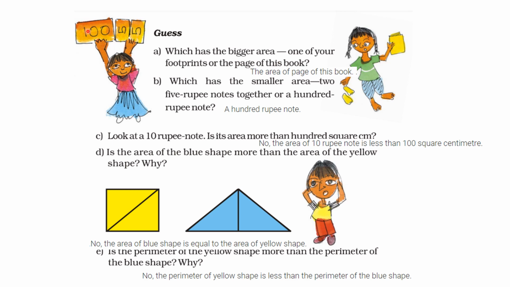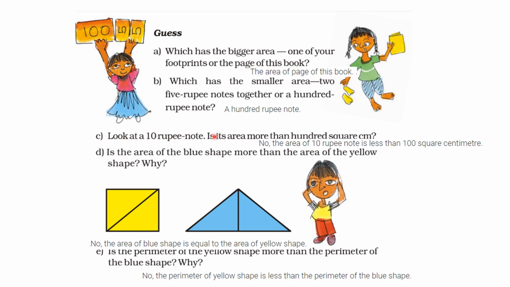Or you can ask your parents for a 5 rupee note and a 100 rupee note and keep these 5 rupee notes together and check which has greater area. Okay, so you will understand more. So the smaller area is the 5 rupee notes. You can write the answer in the textbook itself.